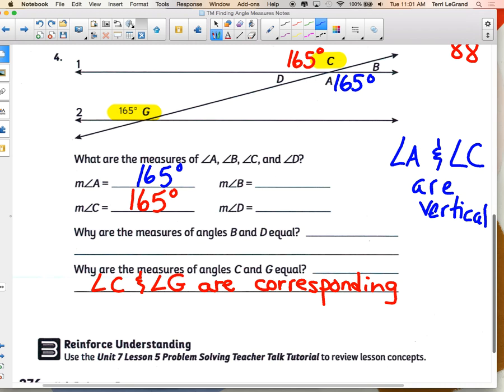We need B and we need D, so we can do one of those first. I'm going to highly suggest we look for a supplementary angle relationship. We know A, we know C. How can we use one of those to help us with the supplementary angle relationship?